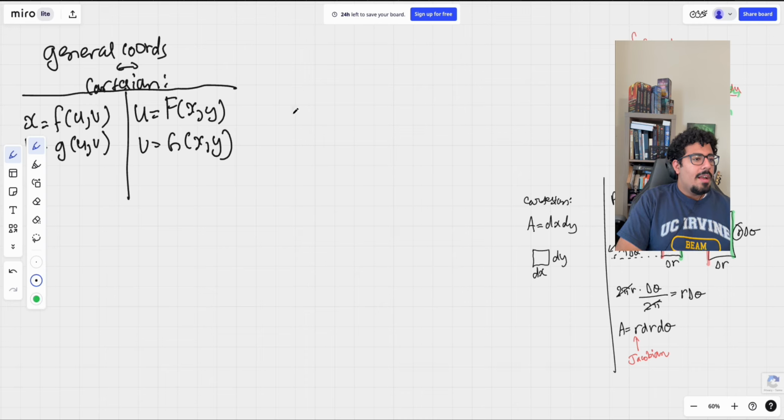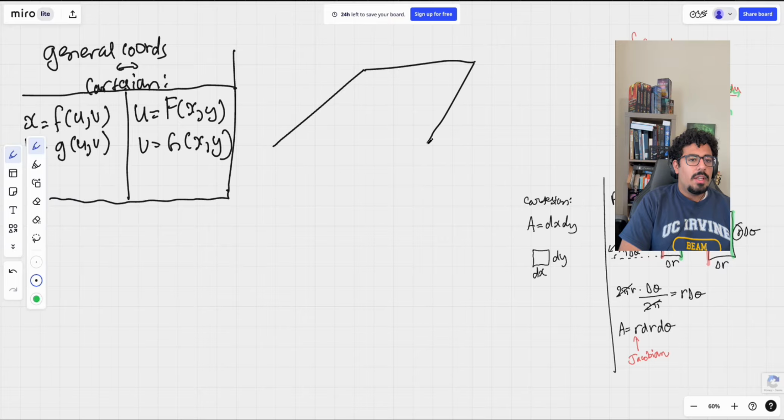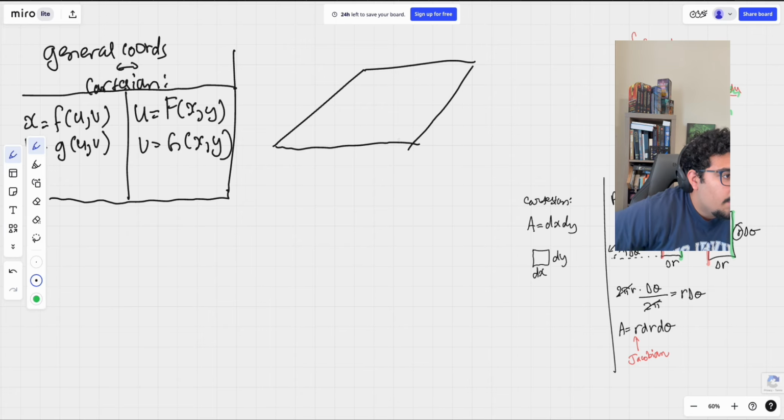So what we want to find is the fundamental area component. And it turns out, using Taylor expansions, we can approximate any fundamental area component in any coordinate system as a parallelogram that looks sort of like this. And what we want to do with this parallelogram is find its area in terms of what we know about this coordinate system.